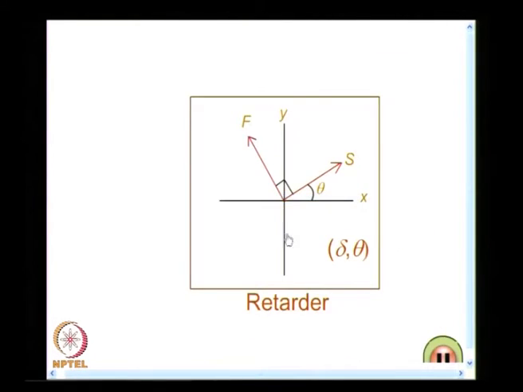for clarity, when I take a retarder, I will recognize a retarder as having two axes. I will label one of them as slow and one of them as fast, and I will find the angle theta of the slow axis with respect to the horizontal.